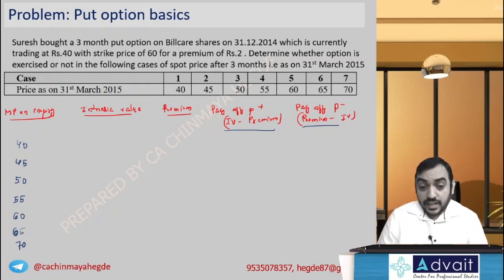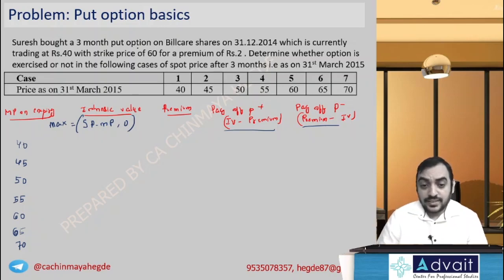Intrinsic value. The intrinsic value formula is strike price minus market price, and you know it cannot go below 0 for the holder. So it's the maximum of strike price minus market price, comma 0.